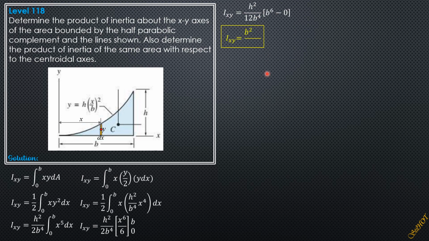For the centroidal product of inertia of this area, you need to know the location of the centroid of this parabolic segment, which is the complementary parabola. If you cannot recall the location of the centroid, then you have to review it from distributed forces, centroids of masses, also in this playlist.